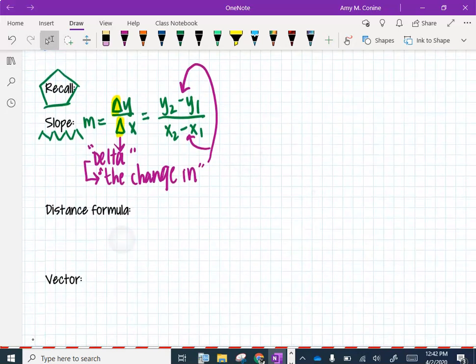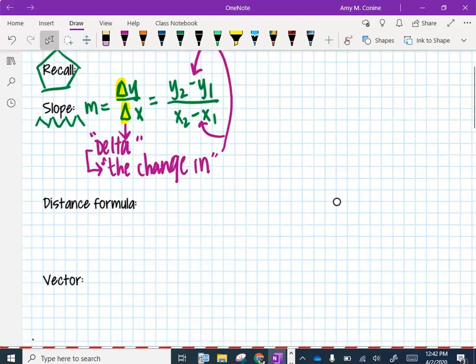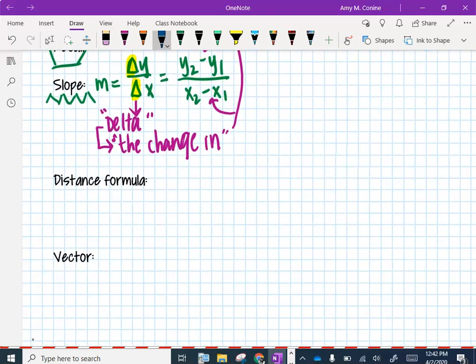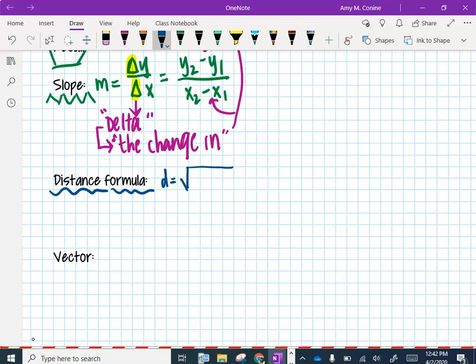So then the second thing we need to talk about is the distance formula. And we talked about this at the beginning of the year very briefly. So the distance formula, if you remember, is d equals this massive square root, and to be consistent with slope, we have x2 minus x1, the whole thing squared, and then y2 minus y1, the whole thing squared.